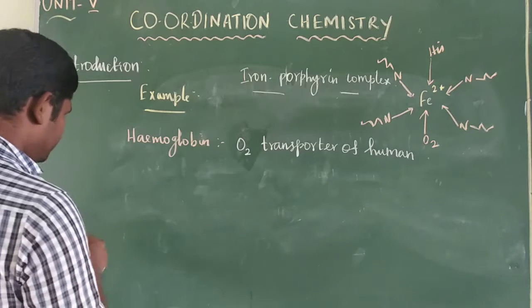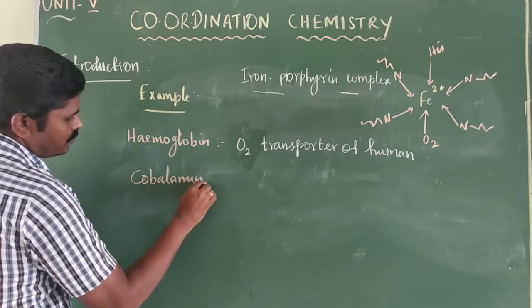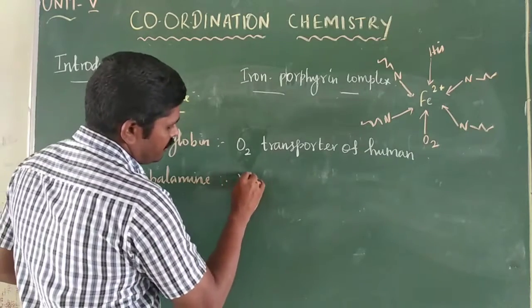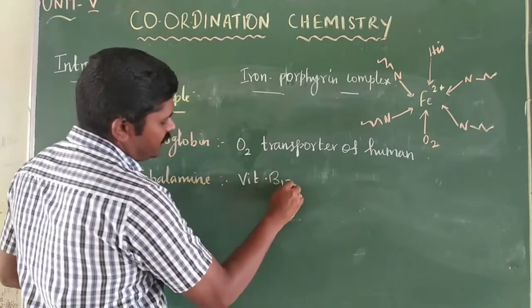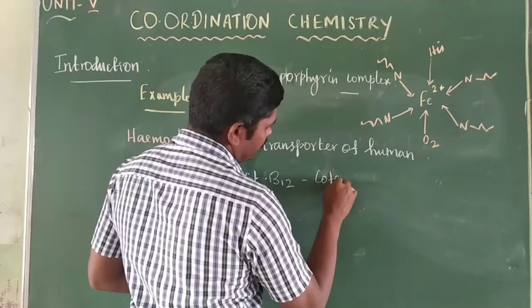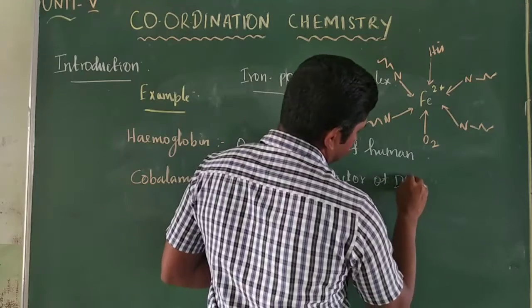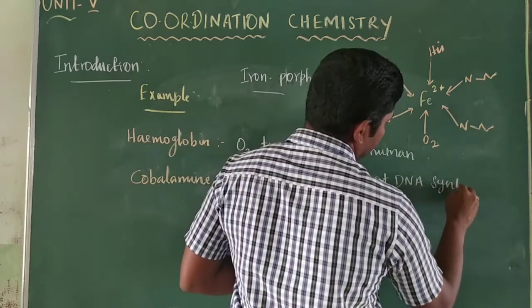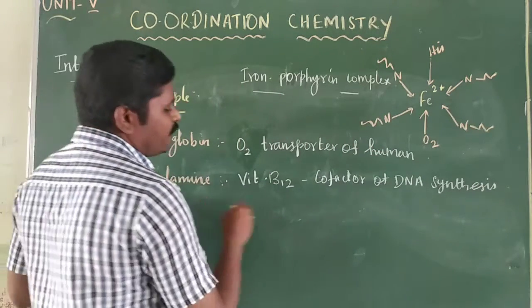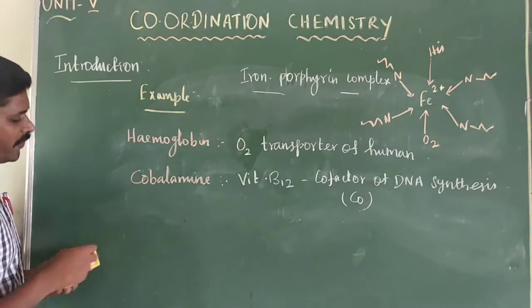So cobalamin, the essential vitamin, vitamin B12. It is the cofactor of DNA synthesis, and the central metal ion is cobalt, right?